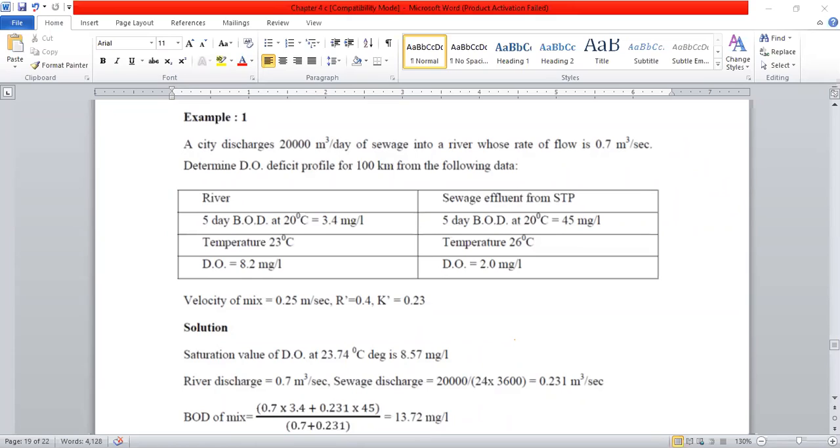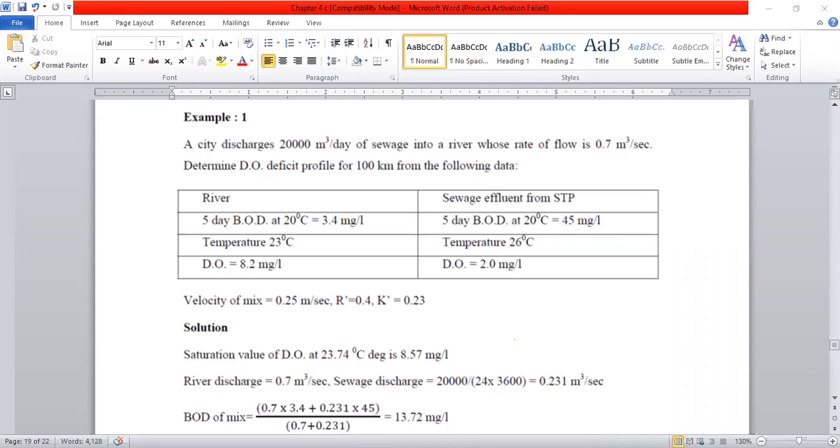Okay, dissolved oxygen of the river is given as 8.21 and dissolved oxygen of sewage is given as 2.0 milligram per liter. Velocity of mix is given as 0.25 meter per second. R dash is given as 0.4, K dash is given as 0.23.